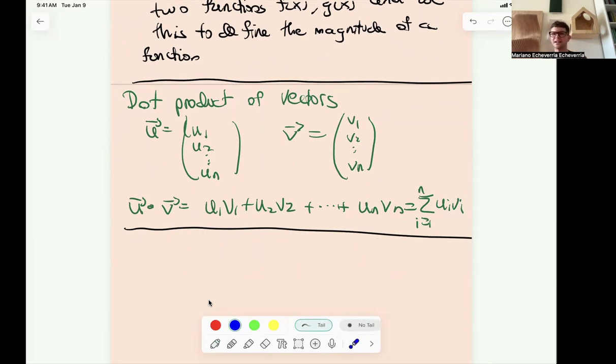So I'm going to do exactly the same for functions. I'll call it dot product, but I'll use both names so that the idea sinks in more easily. What I'm going to define right now is literally the version of a dot product, but it just happens to be called an inner product.